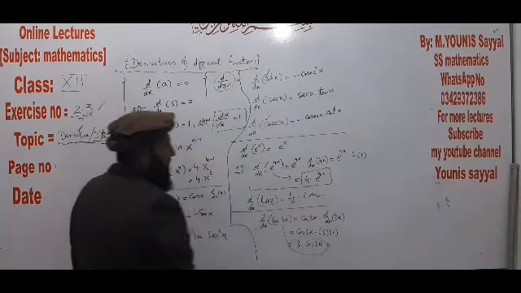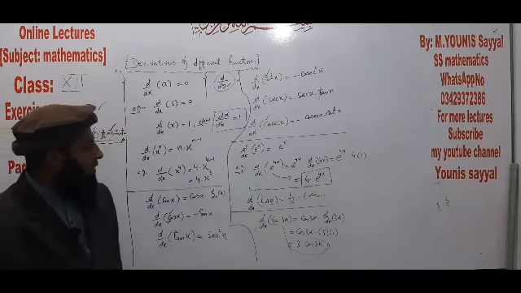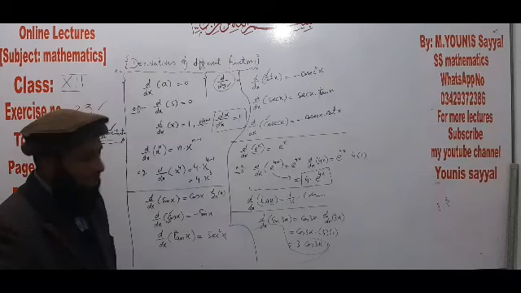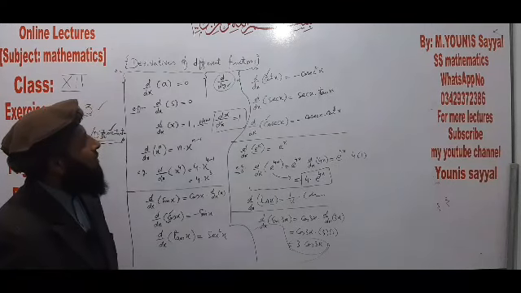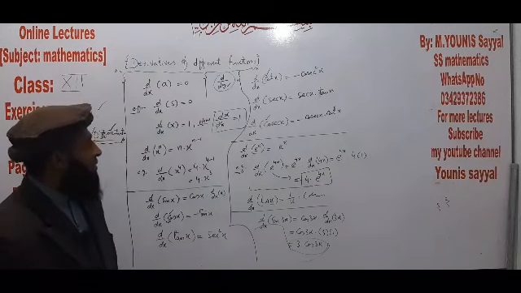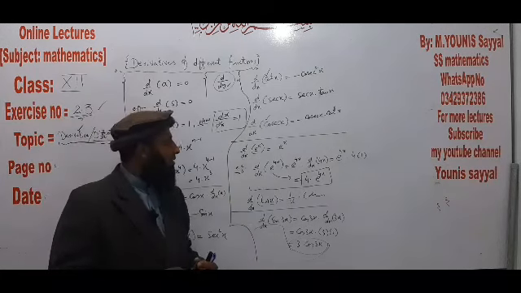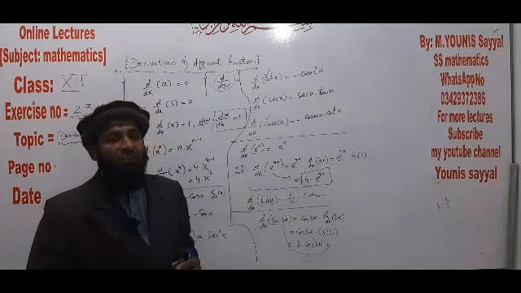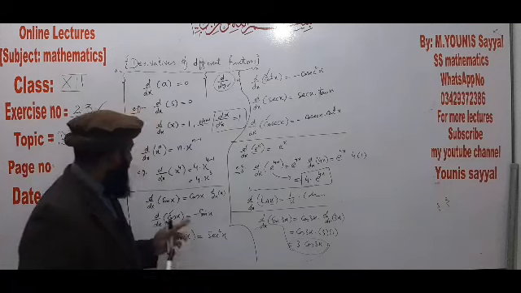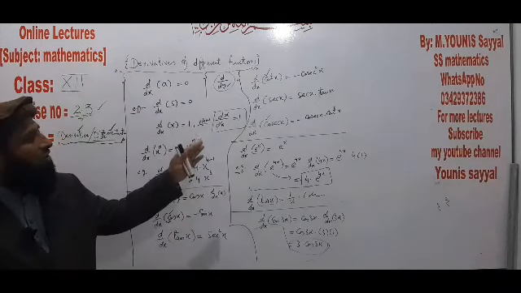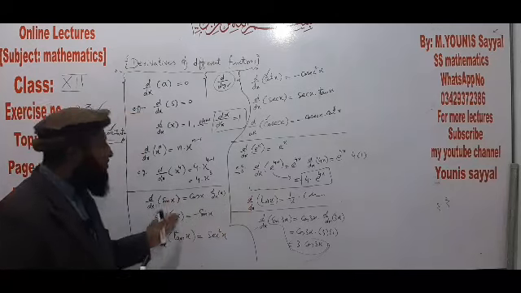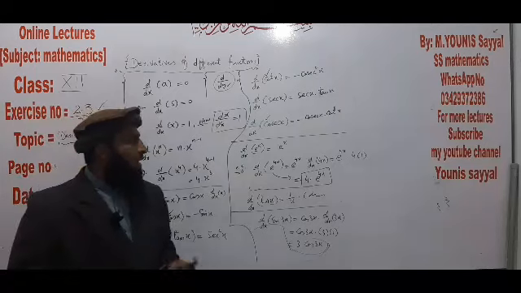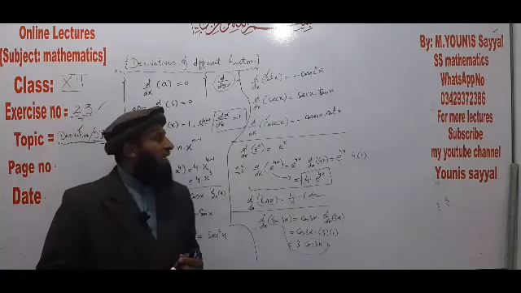We learn this process in the next exercise questions. I stop my lecture here, and in the next lecture we will learn the derivatives of the inverse functions of sine, cos, tangent, cotangent, secant, cosecant, and also the hyperbolic functions of the trigonometric ratios, and then hyperbolic inverses.